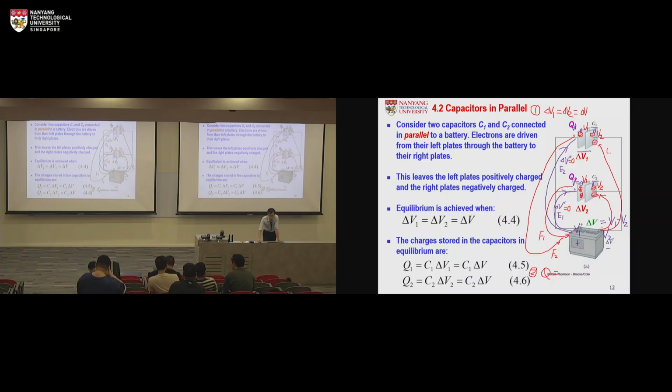And this, let's say, is Q2. And this is Q1. So then the total charge stored by these two capacitors together, Q, must equal Q1 plus Q2, right? That is to say the total charge transferred from battery to these two capacitors together is Q1 plus Q2.